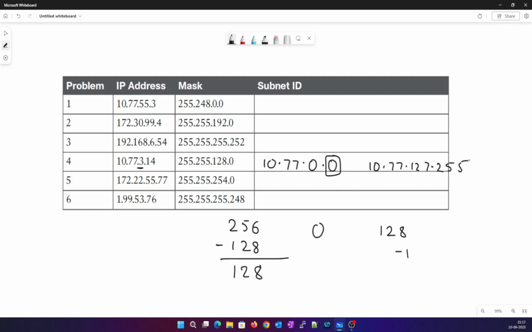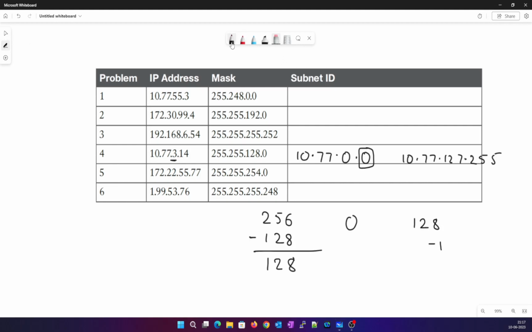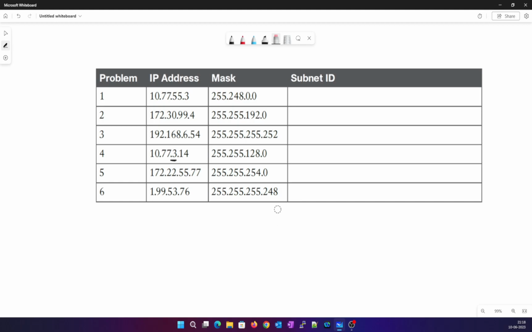That gives us the broadcast address. So I hope this math was very easy to understand and calculate the subnet ID and broadcast address. All you need to do is use the magic number 256 and calculate the multiples of the remainder that is seen here. So I would repeat the steps once again.